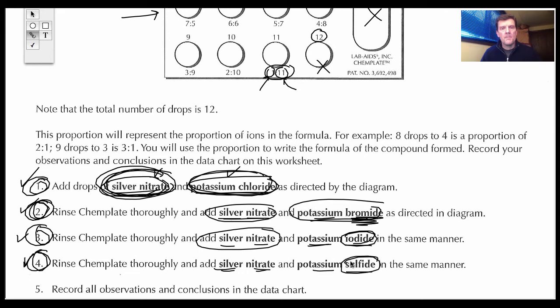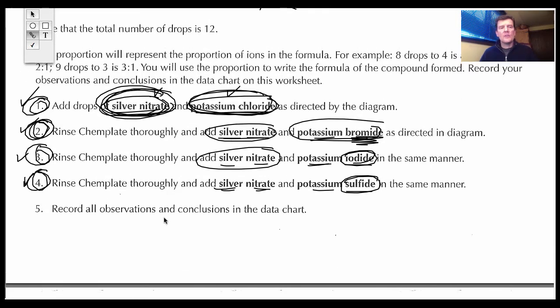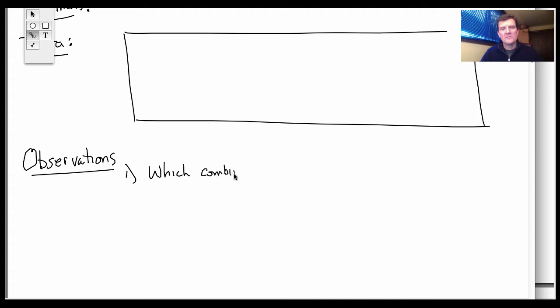Okay? Then what I'd like you to do is record your observations. All you're going to do on your piece of paper, after you've done that data, is write down some observations. Your observations are going to be which combination produced the best results.